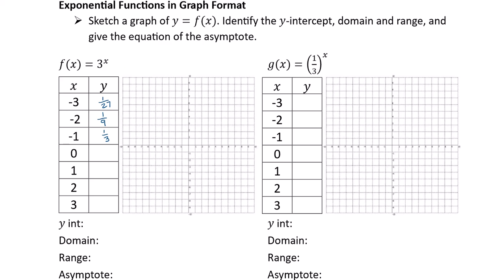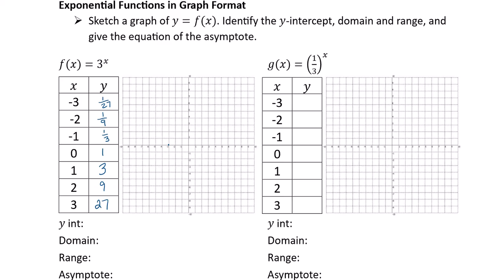3 to the 0 is 1. 3 to the 1 is 3. 3 squared is 9, and 3 cubed is 27. Now, placing these points on my coordinate plane, I have at negative 3 a very small number of 1/27.